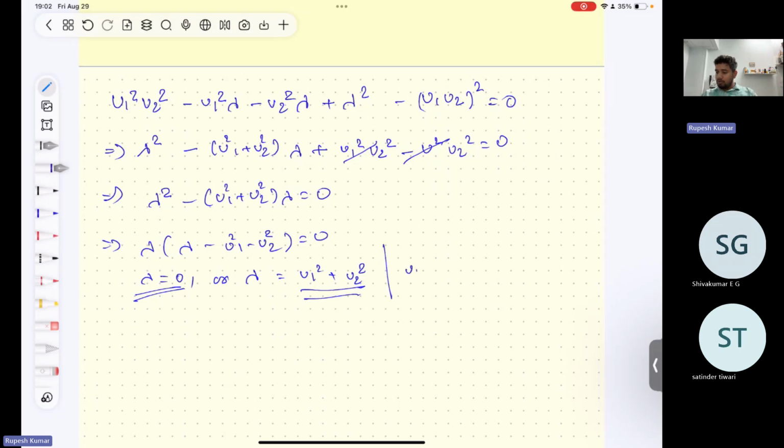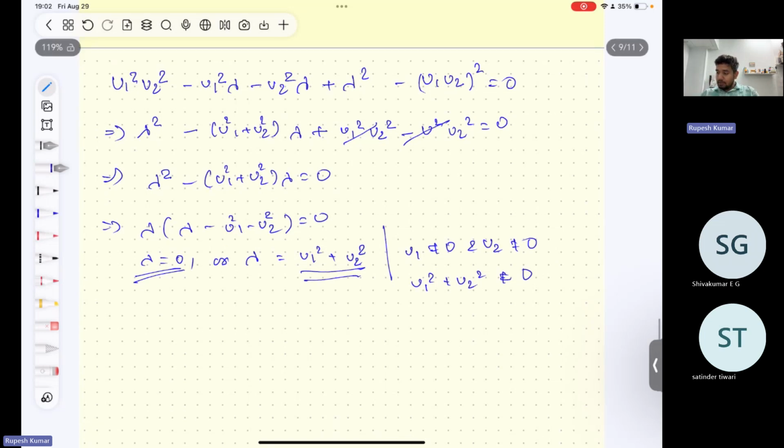Since we know that u1 is not 0 and u2 is not 0, u1 squared plus u2 squared can't be 0. When you add two positive values, you can't get 0, right? u1 squared is positive and u2 squared is positive.